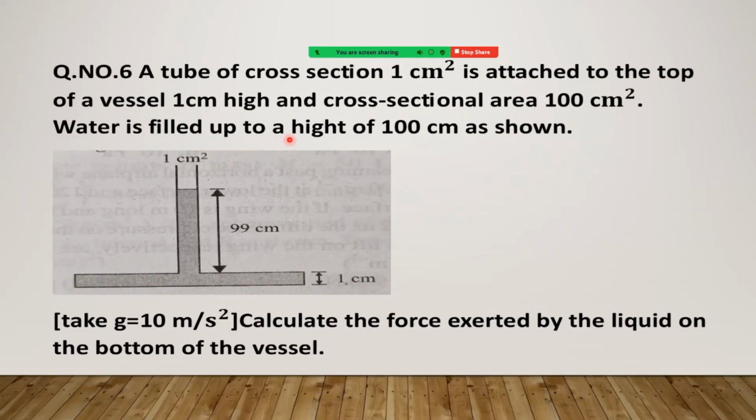Water is filled up to a height of 100 centimeter as shown. This is 99 and this is 1. Total is 100. And g is 10 meter per second square. Calculate the force exerted by the liquid on the bottom of the vessel. So almost the same kind of question. Let us see how to start.